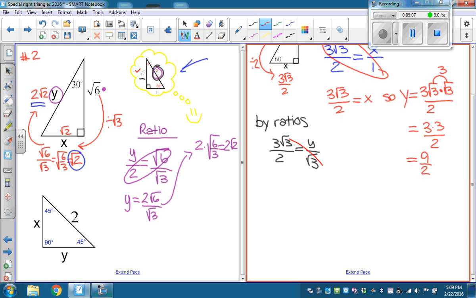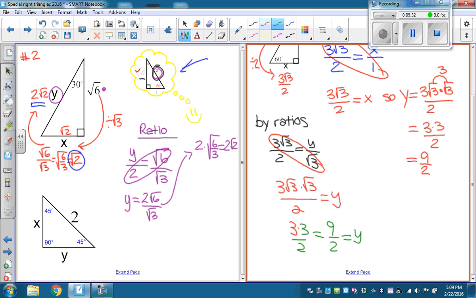Now I'm going to cross multiply, and I get 3 square root of 3 times another square root of 3 divided by 2 is y. So 3 times 3 over 2 equals 9 halves, which is equal to y. So that's pretty much how to do a 30, 60, 90.